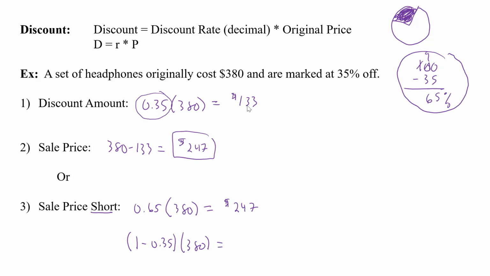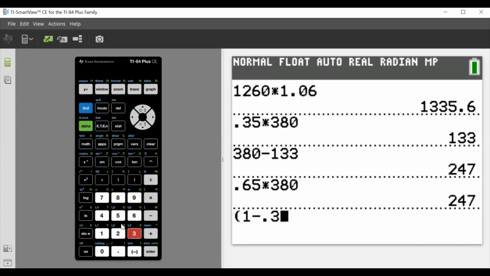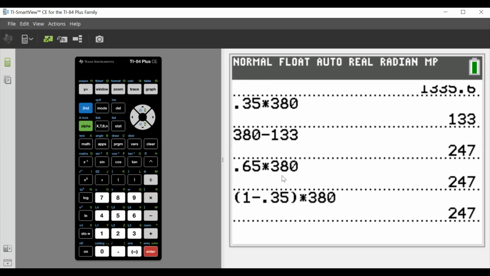And so if we take 0.65 times 380, we get 247. Or if we take 1 minus 0.35 times 380, we get 247. So either direction we go, we get the correct number as far as our final value.